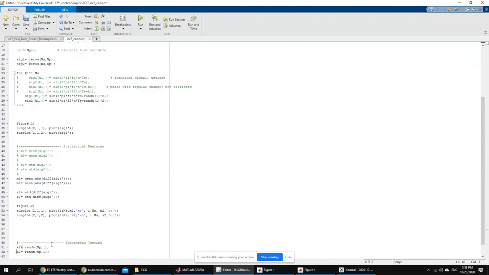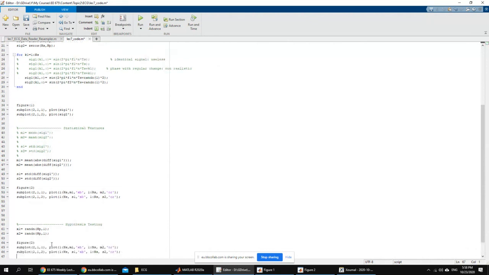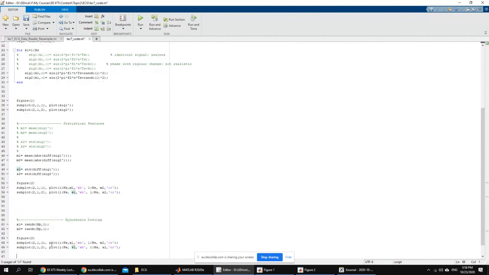Remember that if you call the same function twice, it's going to give you different numbers. These are random number generators, so you're never going to get the same number twice. Let's plot these just to see what the samples look like. Figure 4.3. Here x1, and I don't need the second one.